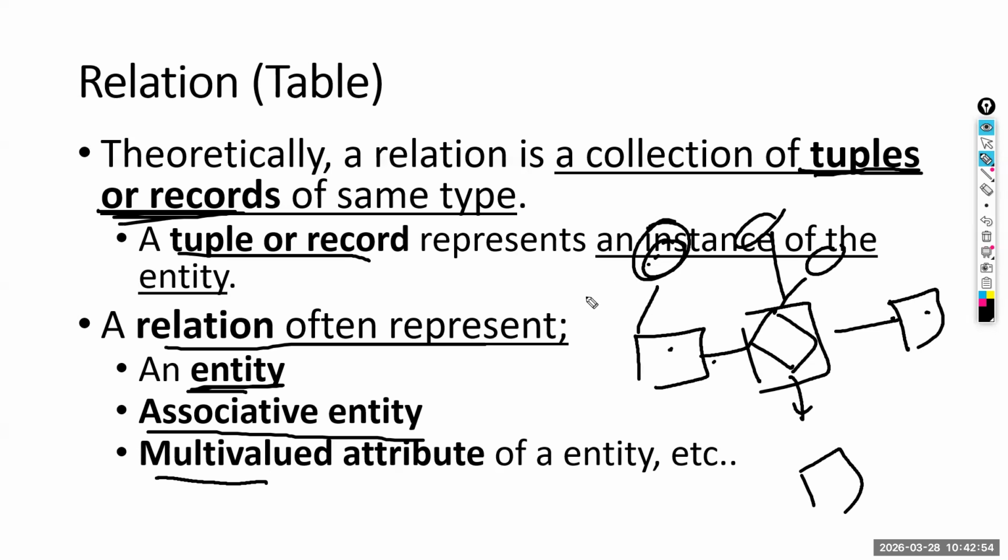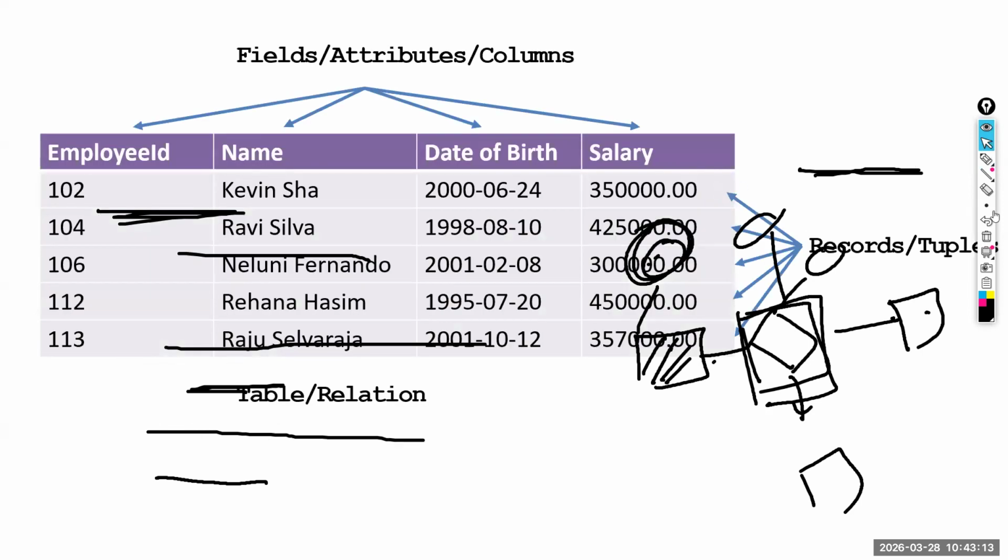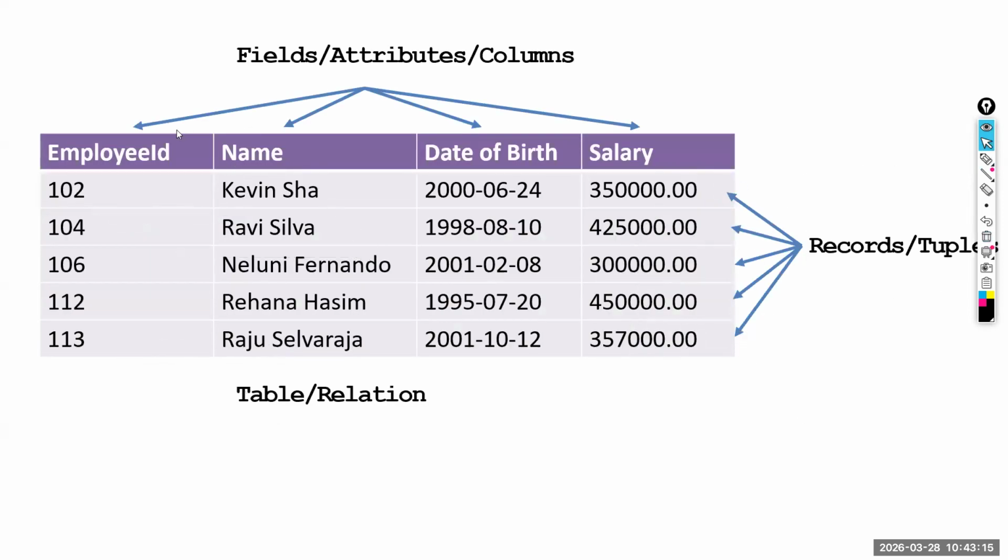So what can be tables? Your entities, associative entities, and multivalued attributes. These associative entities may be due to many-to-many relationships or ternary relationships. So these are the terms we use: table or relation, records or tuples, fields or attributes or columns.